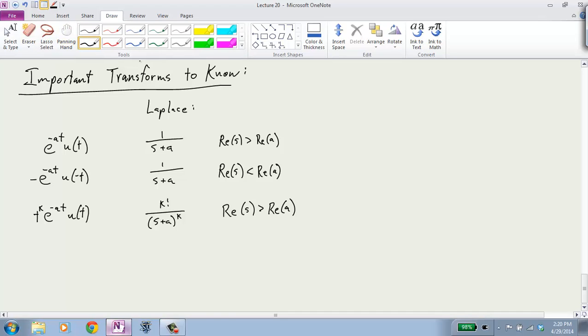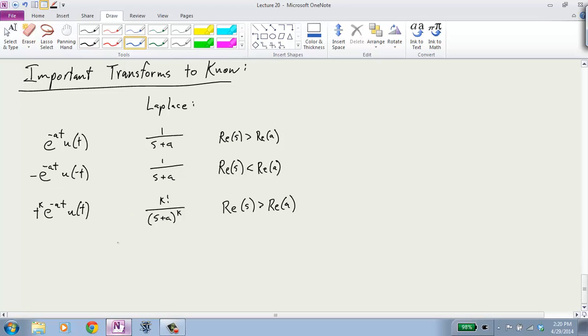Notice a couple of things here. These are all rational. And notice that, of course, the k is just a constant here, so don't get thrown off by that k factorial.